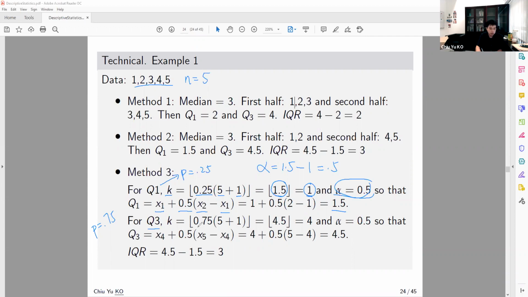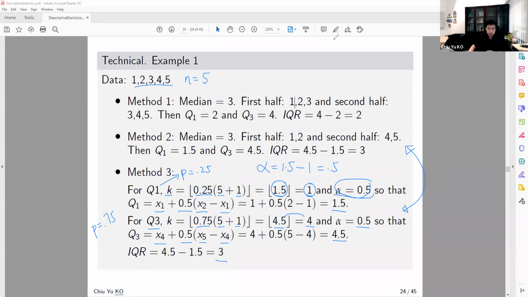Otherwise, I'm not sure whether I lost you. You have the number of data, 4, and alpha, and then the difference between 4 and 5 is 1, so it gives you 4.5. In this case, method 2 and method 3 are the same. So that is the idea. It looks complicated, but when you work through it a little bit more, then you know.